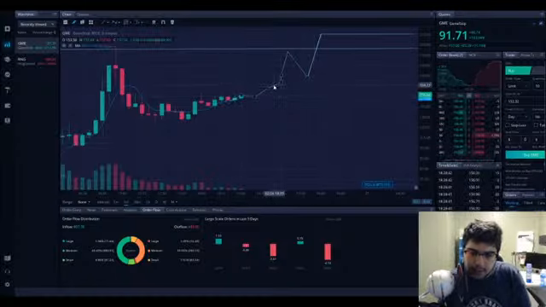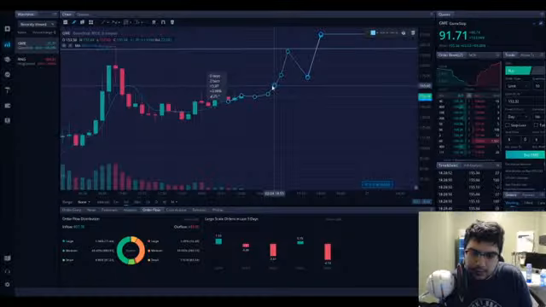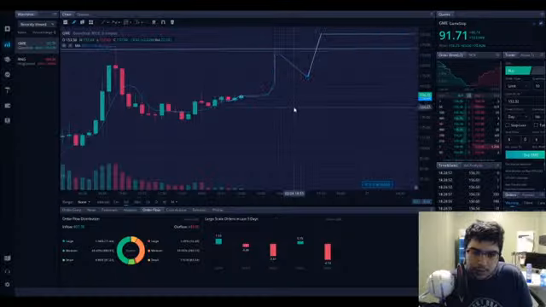That's why it might just be kind of sideways. Then all of a sudden, in like 30 minutes or so, it could go basically straight up, and that would still be a cup and handle.